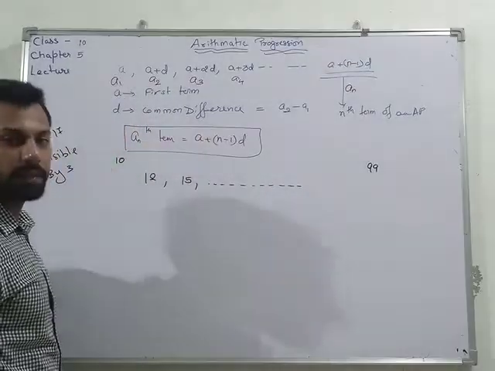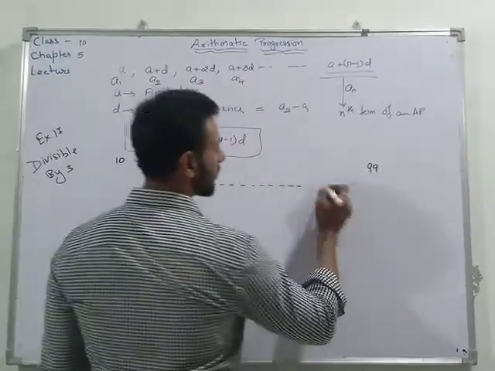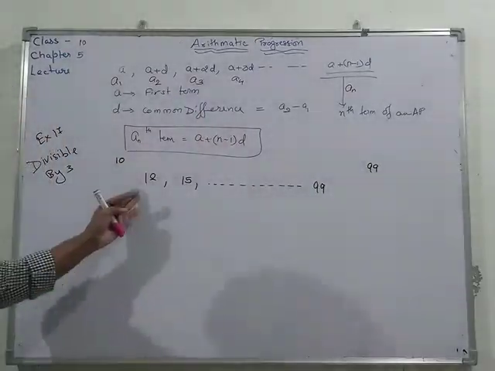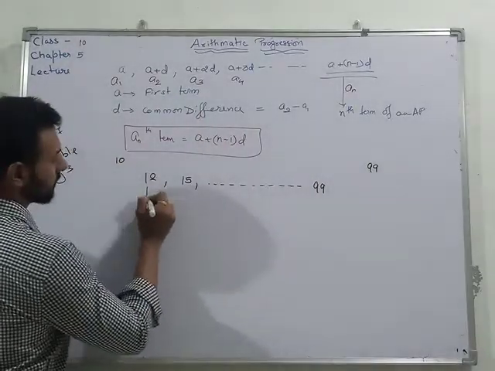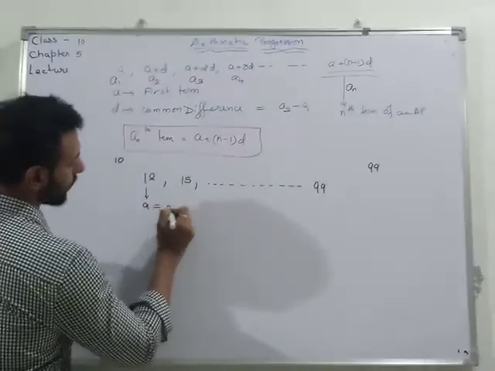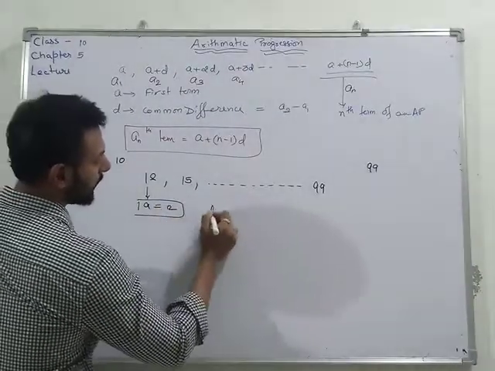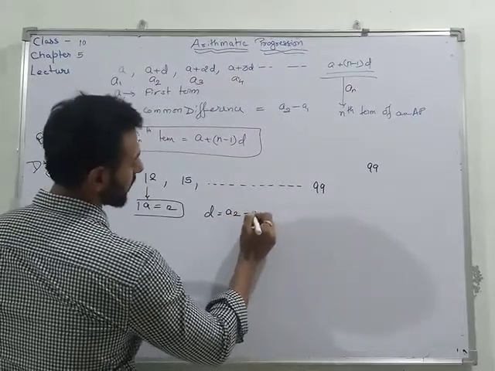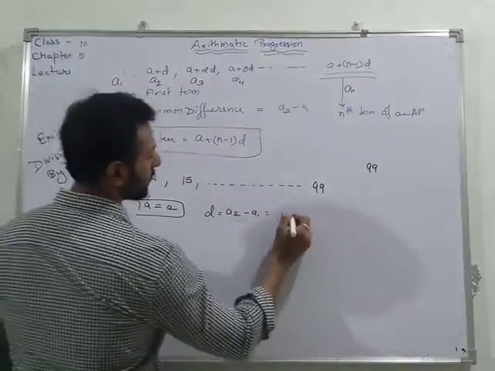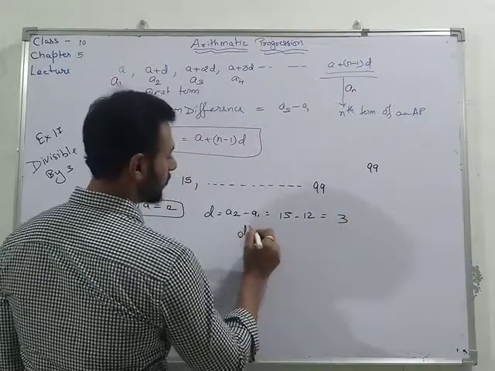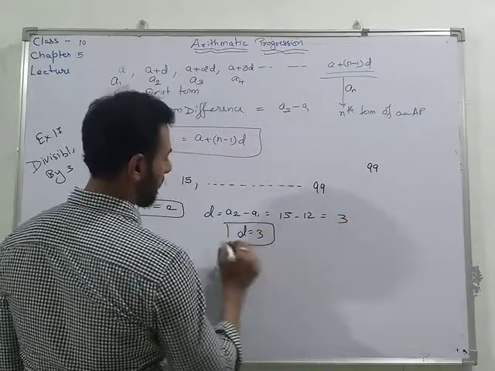The last number which is divisible by 3 is 99. Now we have the first term a is equal to 12, d is equal to a2 minus a1, which is 15 minus 12, which is 3. So d is equal to 3.